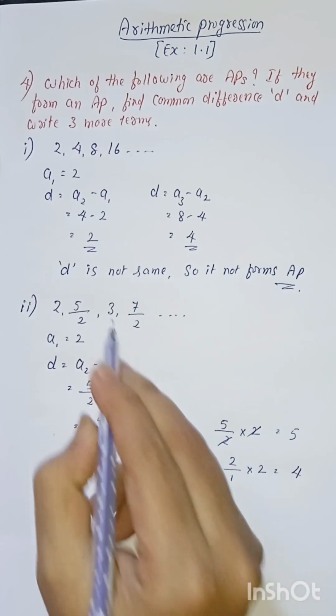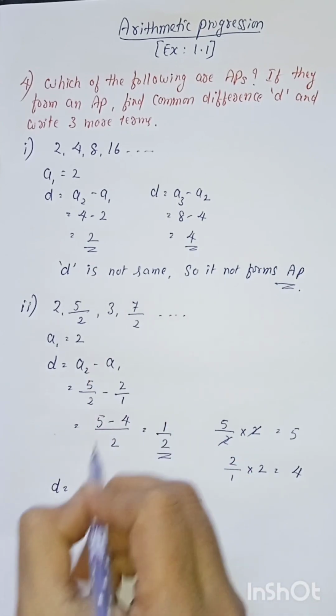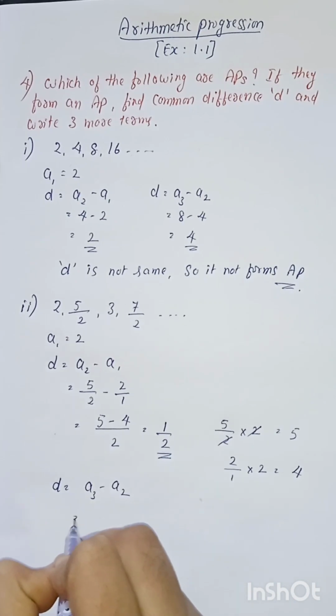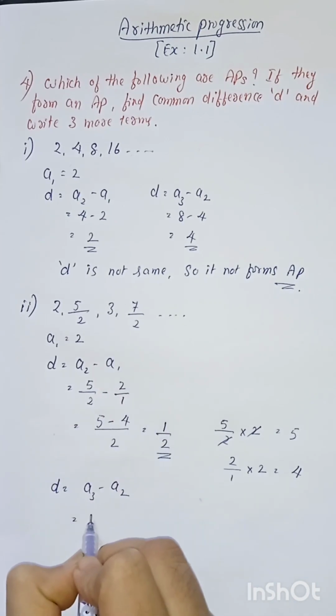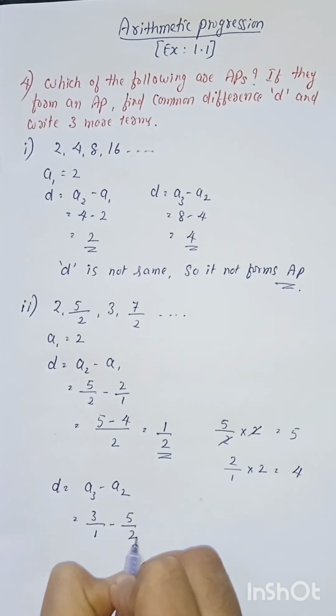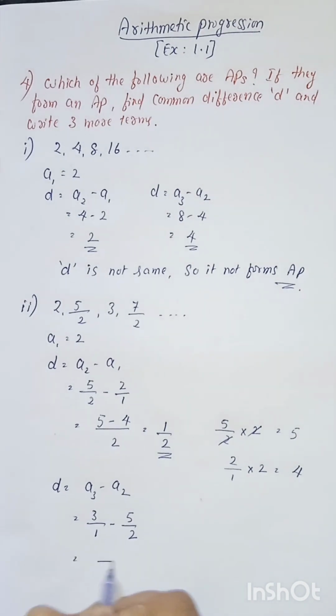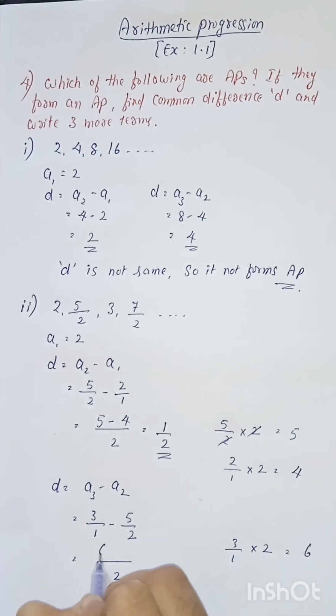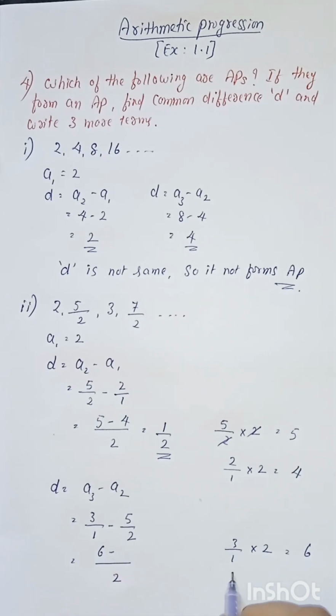Let's do the second one. D equals A3 minus A2. What is A3? 3. I can write it as 3 by 1 minus A2, which is 5 by 2. Let's take the LCM for this. The LCM is 2. So in the same way, 3 by 1 into 2, the denominator 1 is not necessary, 3 twos are 6. 6 minus, now 5 by 2 into 2, the 2s get cancelled.